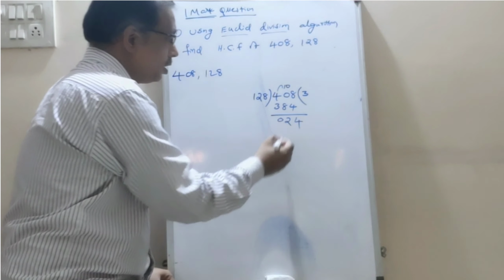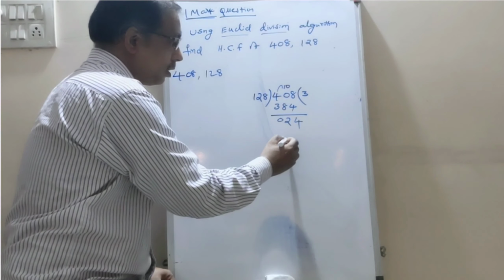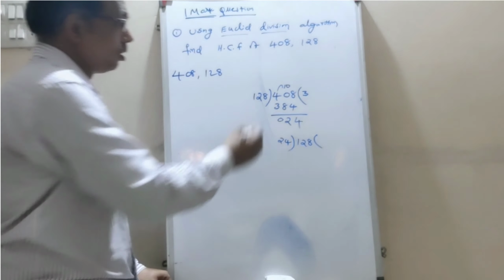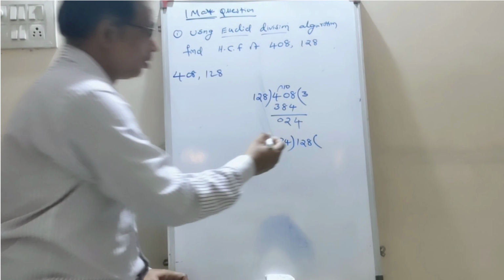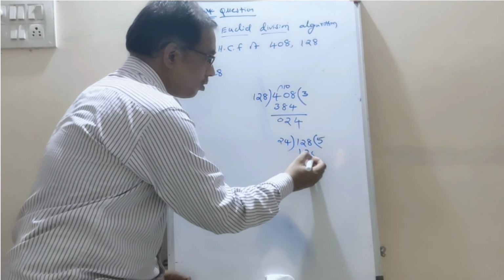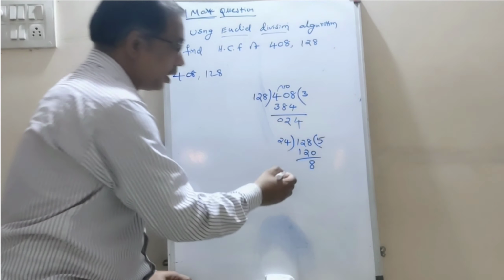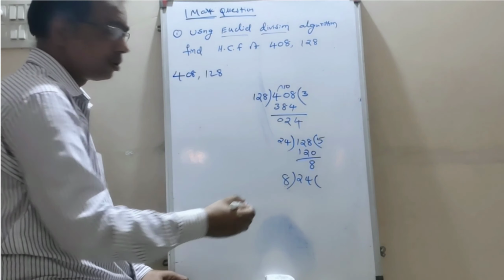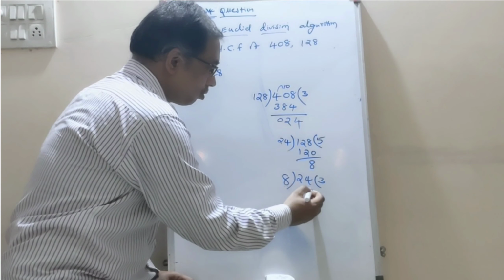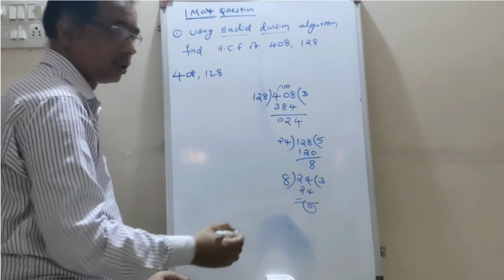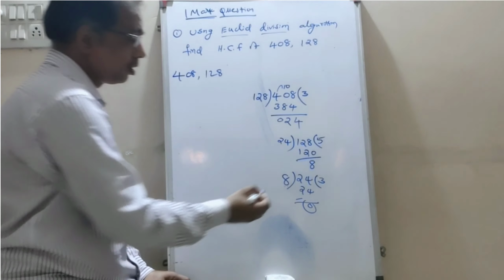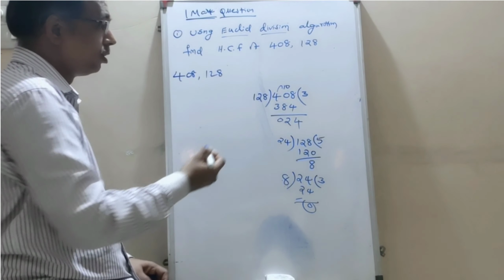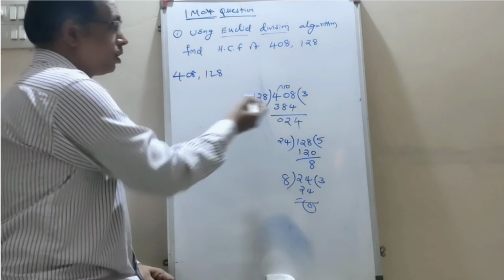Now again divide. It's 24. We're taking 128 as a dividend. So 24 fives are 120, remainder 8. And again 8 and 24. Like this we have to do the same process. 8 threes are 24. 24 minus 24, 0. So wherever you get 0 as a remainder, there the divisor becomes the HCF.